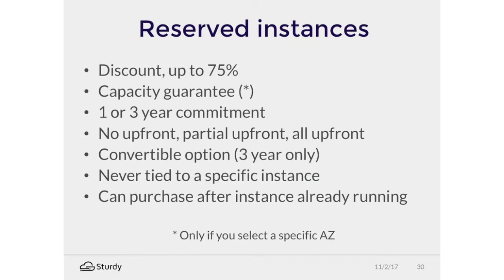There could be additional fees due to the conversion, and your conversion must always be of greater value, meaning you couldn't go down to a level that has less overall reservation. But it's very, very flexible. It is only available at this point on 3-year reservations. So you make a 3-year reservation, you can get this convertible option.